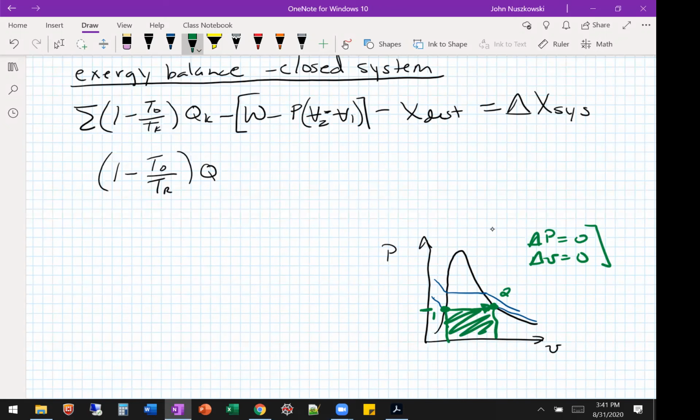All right, so that means we do have boundary work. Then this is the dead state pressure. This right here on the right side is the work being done on the surroundings.